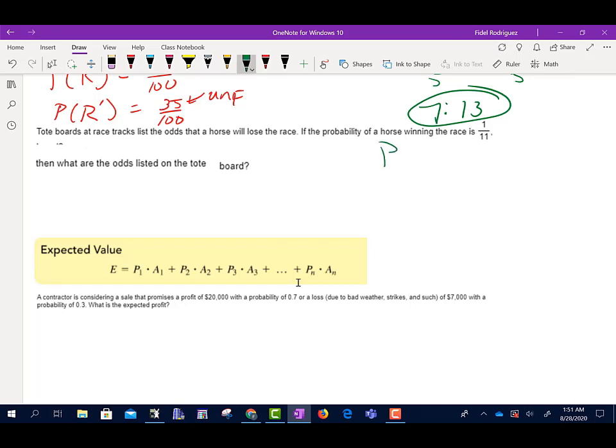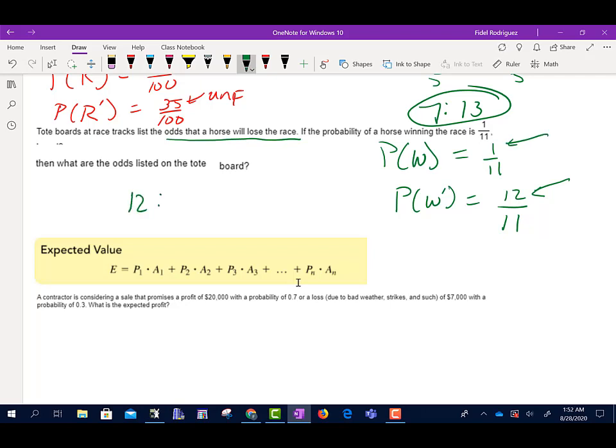Okay, so that means that the probability that the horse is going to win is 1 out of 11, and the probability that the horse is not going to win would be 12 out of 11, right? So we're looking at the odds that the horse is going to lose the race. So I'm going to take the 12 first to the 1, right? 12 that it's not going to win to the 1 that it will. Okay.